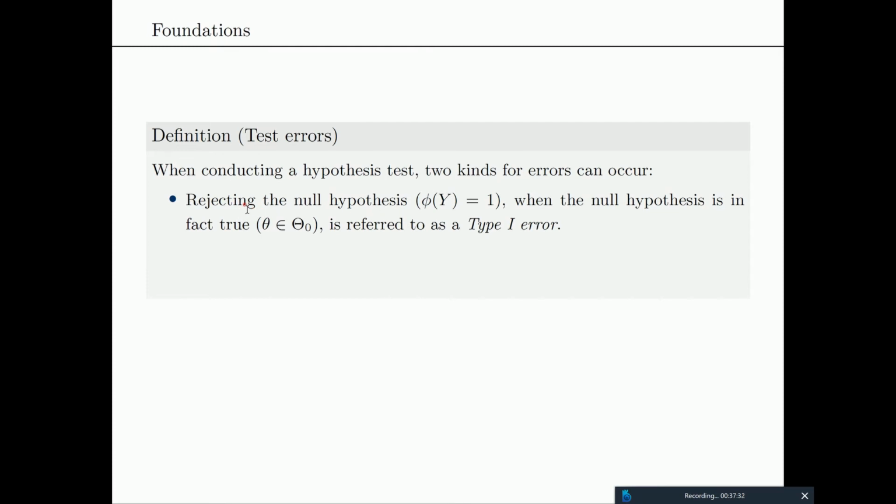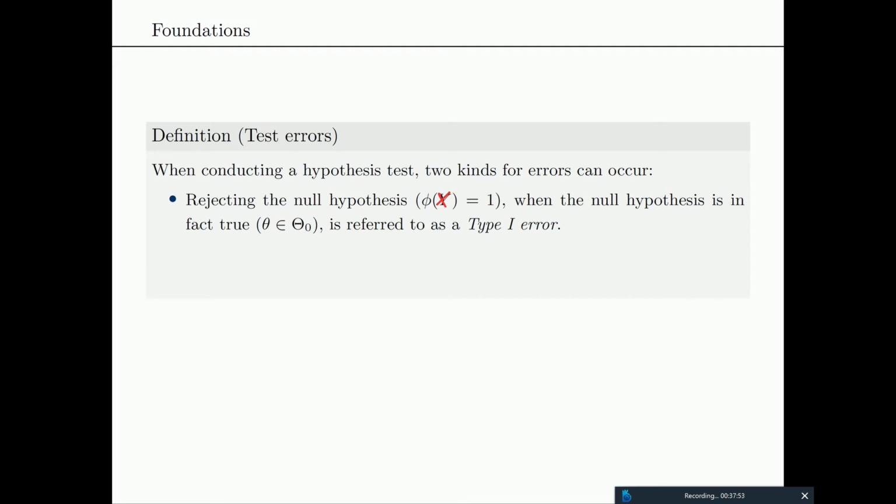It can be the case that you reject the null hypothesis, so your test outcome, it should be an x here, sorry, that's an x. I think in my paper it's a y, hence that was a y. X, rejecting the null hypothesis when the null hypothesis is in fact true.